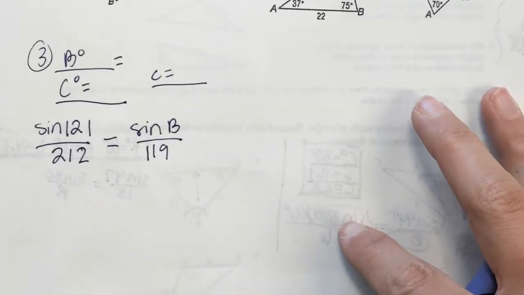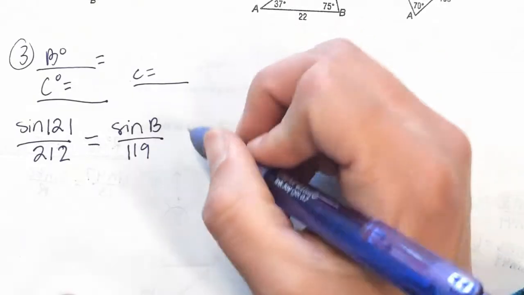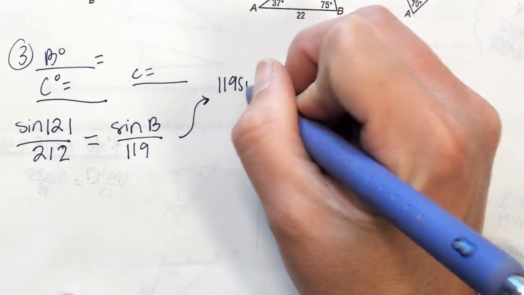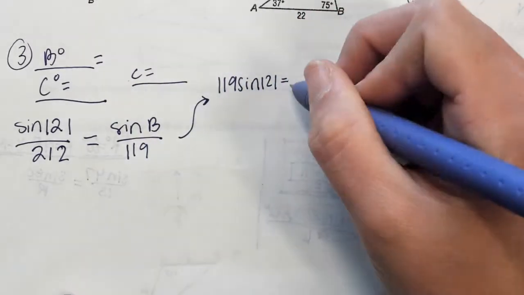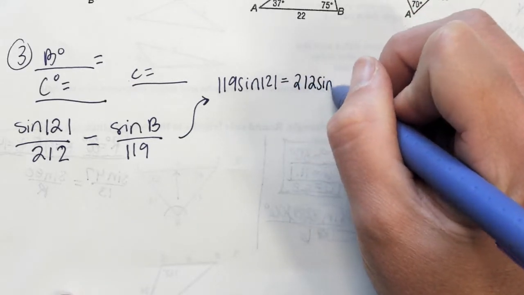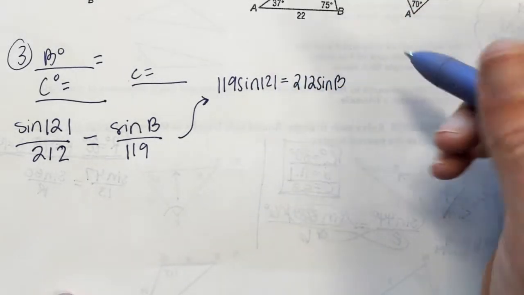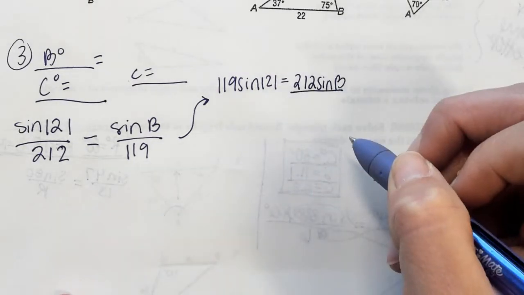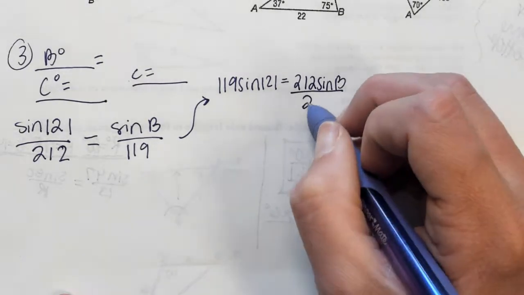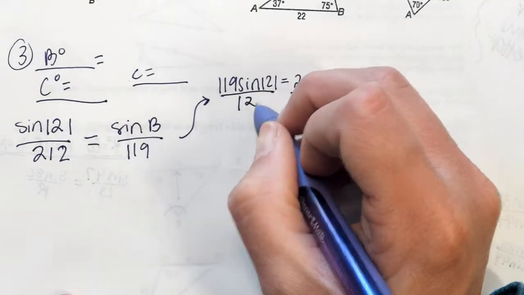So to solve for this, we would cross multiply, correct? So tell me how that would look. Equals? Very good. How would we solve for B right here? Divide by what now? 212. Good. Because the B is inside this.